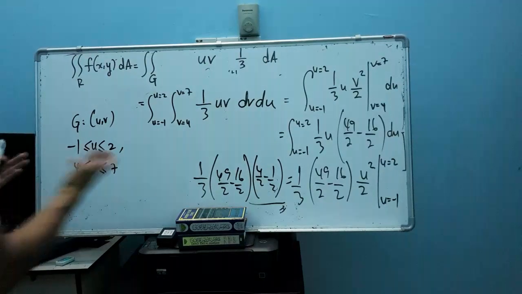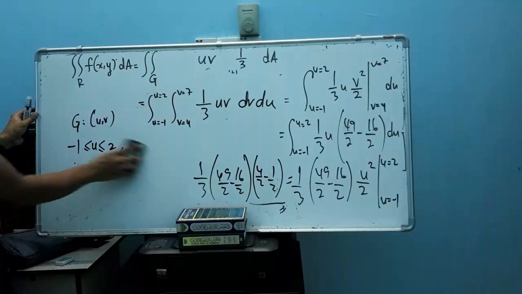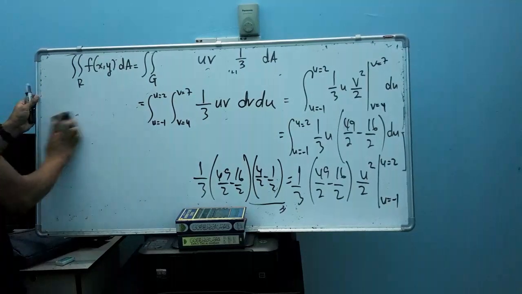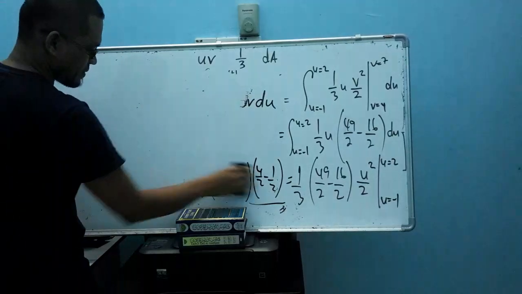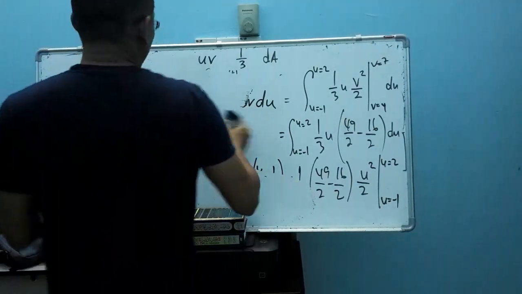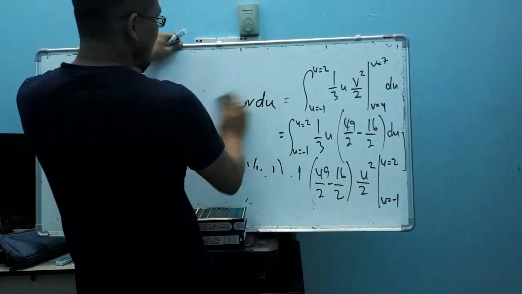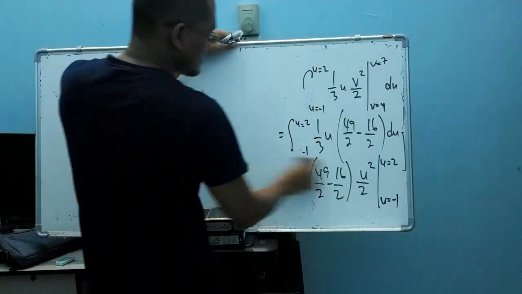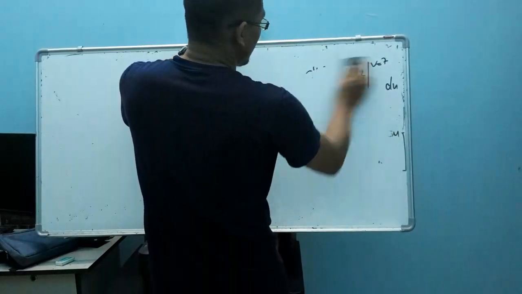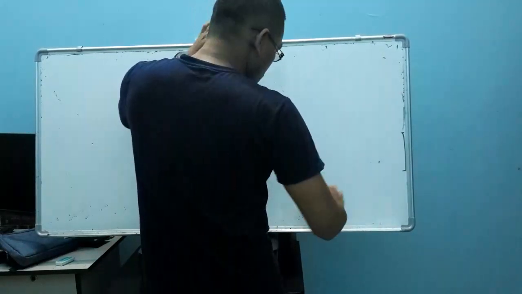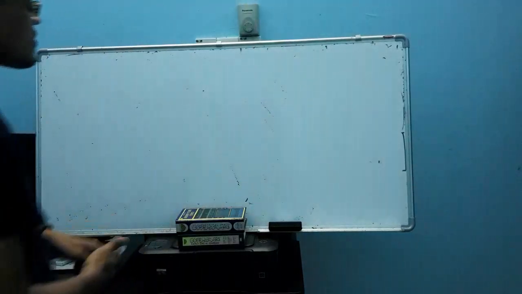I will give you one home task. This one is your additional example. Of course, you need to understand how we can apply this substitution in the double integral. The first thing you need to understand is how it works from this first example, and then for the second example, this one is your home task.